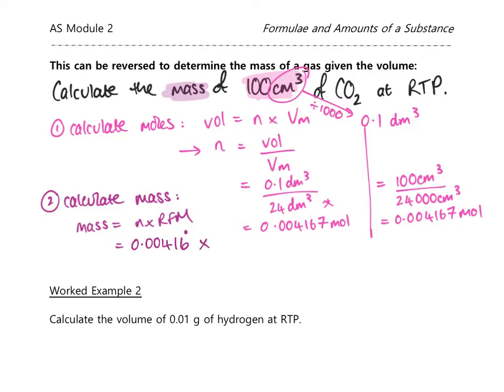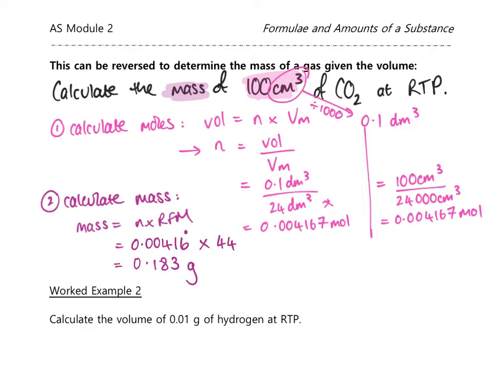As we worked out in the previous question, the RFM of carbon dioxide is 44. So that works out as 0.183 recurring, but again, just rounded off to three significant figures. So that's 0.183, and that will be in the units of grams. So you're better keeping your number of moles as that accurate number, and then just multiplying by your RFM to keep your number as accurate as possible.